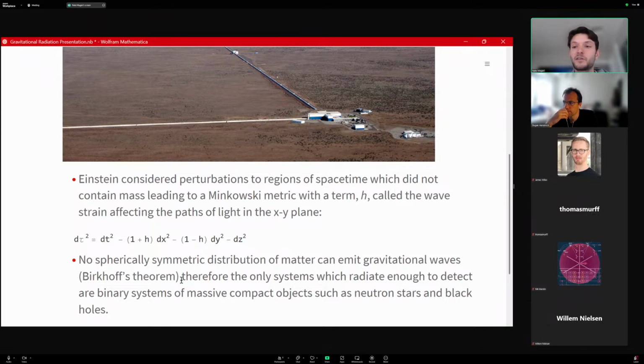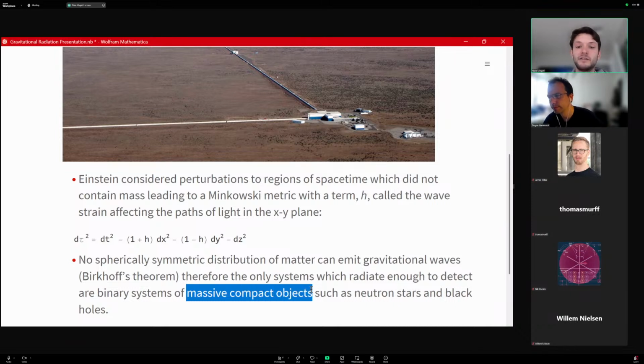So for something like the Earth-Moon system, even though we're dissipating gravitational waves because of this binary system, in practice we can only detect these waves if they involve massive compact objects. So we're talking about objects that are much more massive than, or comparable to, the mass of the sun, and very compact, meaning they can be close to each other without colliding.